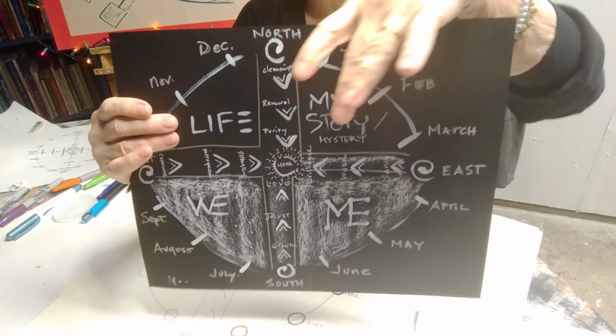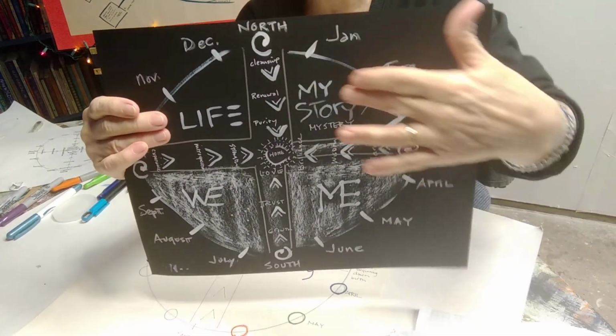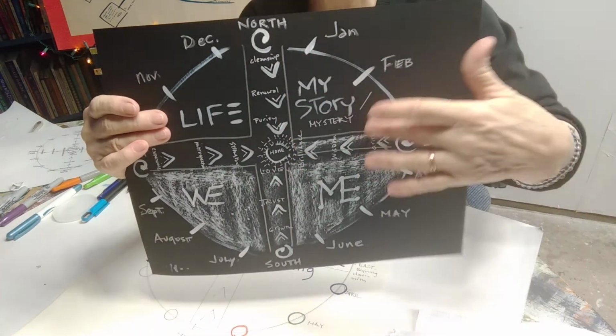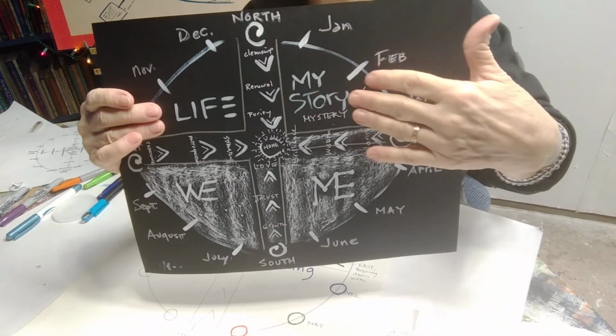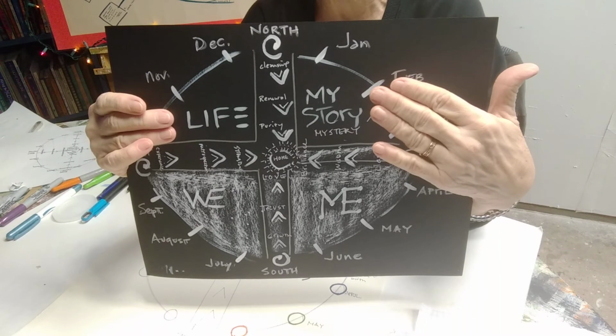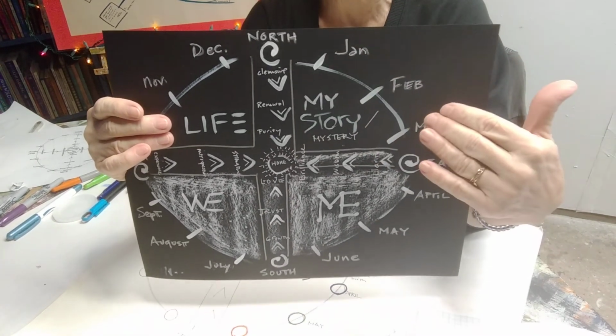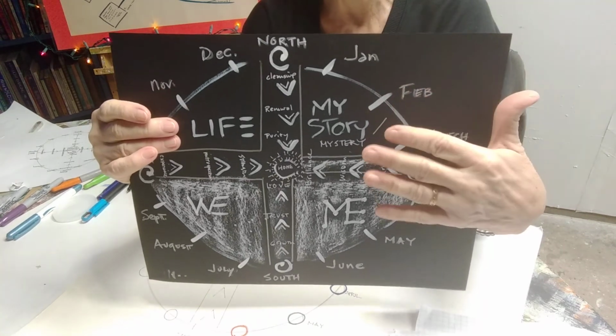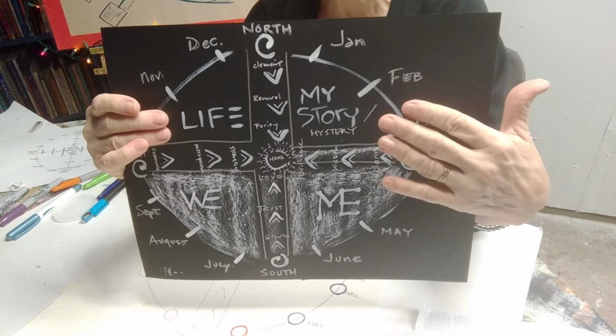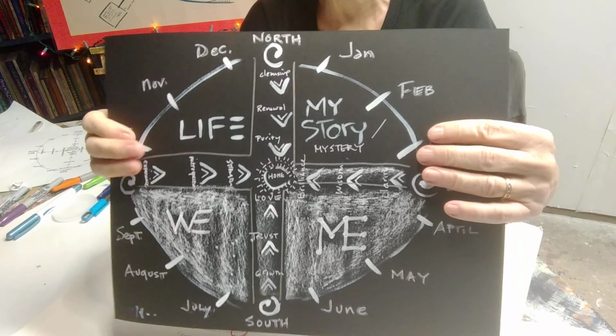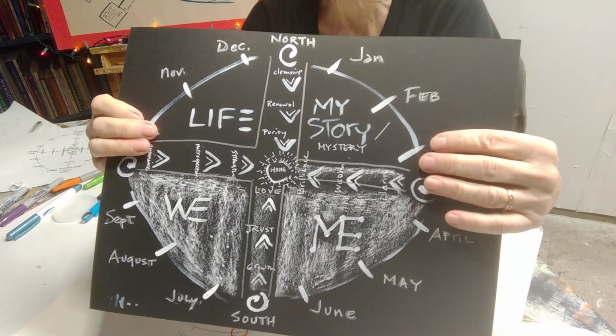And that leads us then over to our winter quadrant on this little area of our map, and we connect to the deeper mystery of life between winter solstice and spring equinox, the deep mystery of being alive, and the awareness that there's so much that we don't know and so much that we will never know.